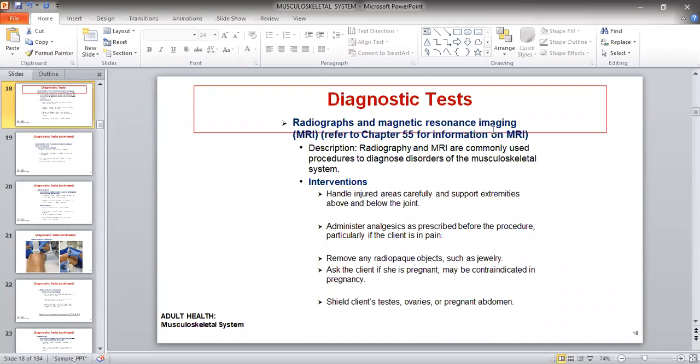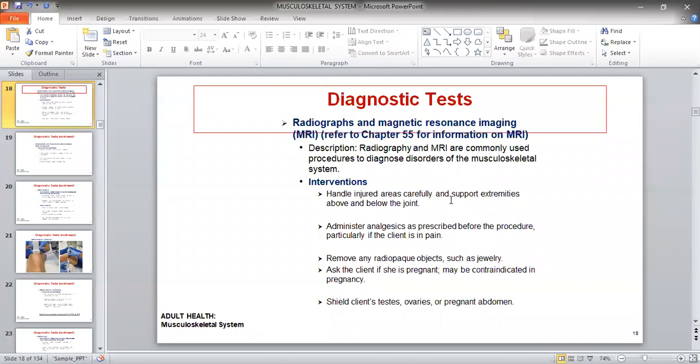Like handle the injured area carefully and support the extremity above and below the joint. So positioning is super important. Sometimes patients need special equipment to maintain their body alignment.